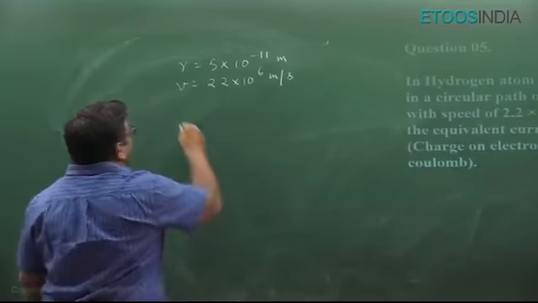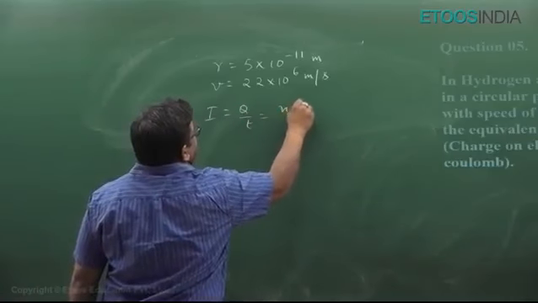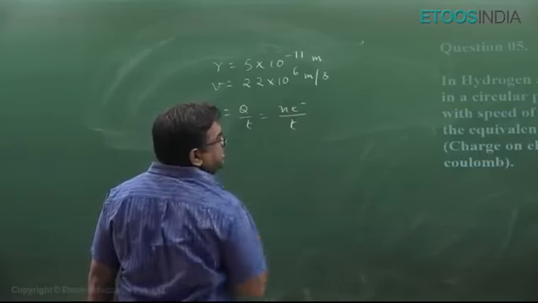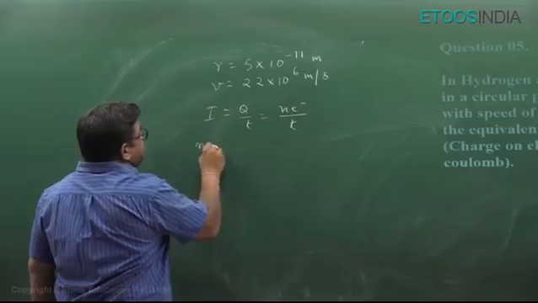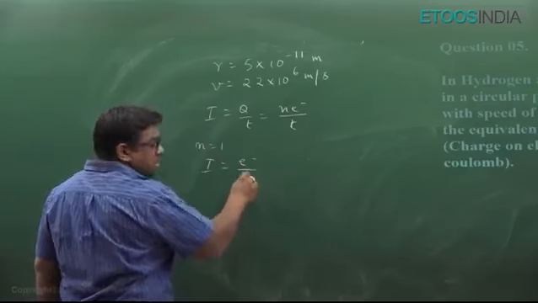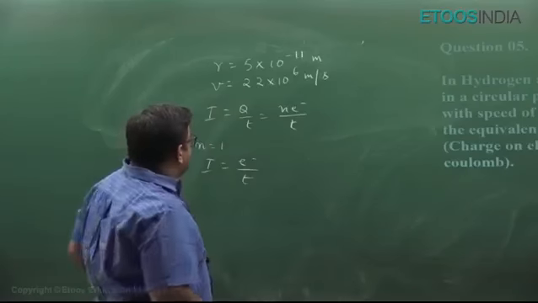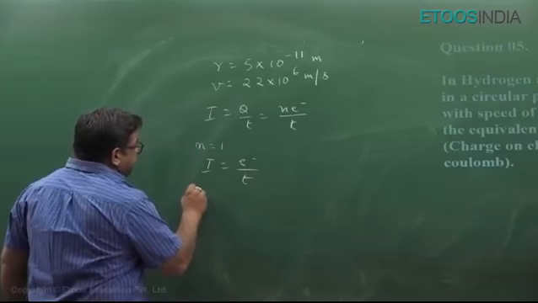So we know the formula for current is I is equal to Q by T, that is NE by T. Is it clear? Here N is 1, so I is E by T. But for T, we need to find the total time. So how will you find the total time?